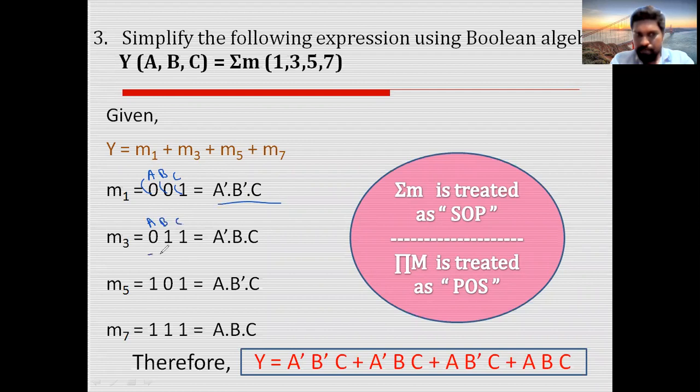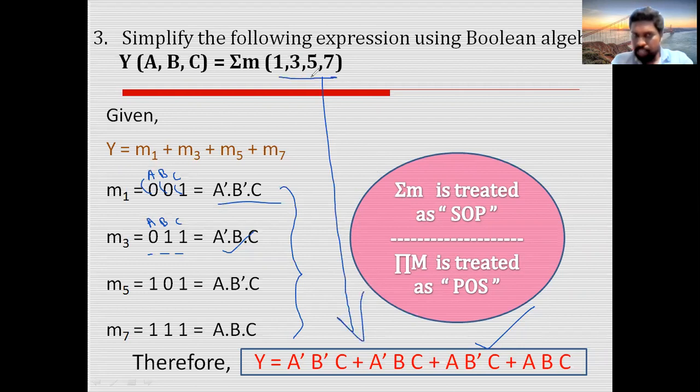A bar B C. Like that, you write all these 4 terms and write this expression combined. Now you frame this expression. You are not simplifying, you just framed it. You converted this M notation form into an expression form. That's it. You converted the given question from M notation form into expression form. Now take this as a question and apply properties and then simplify.